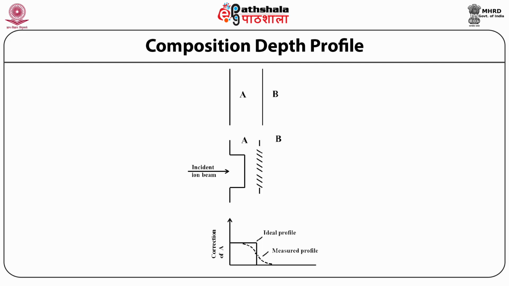Several factors need to be taken into consideration for analyzing the resolution of depth measurement, including the following two factors. First, the etching rate for every atom is not constant for identical ion beam energy and ion densities. Thus, preferential etching occurs for samples containing multiple elements.